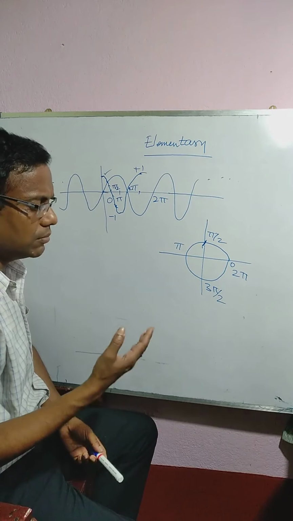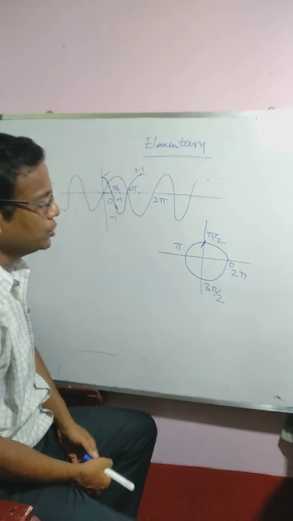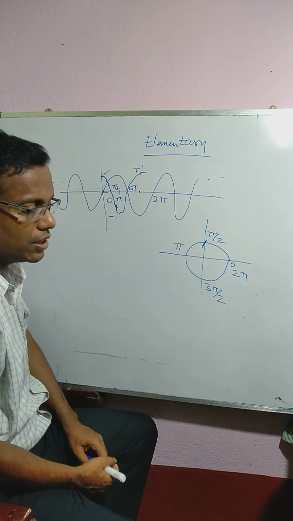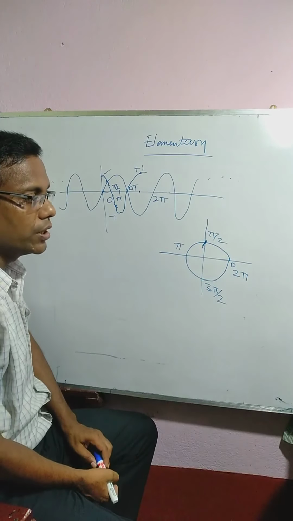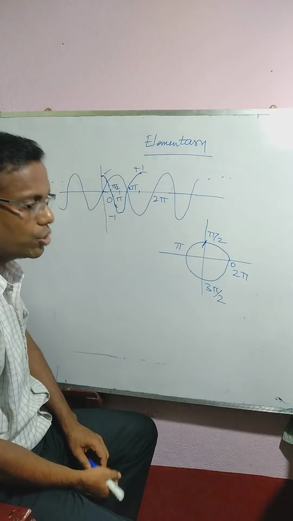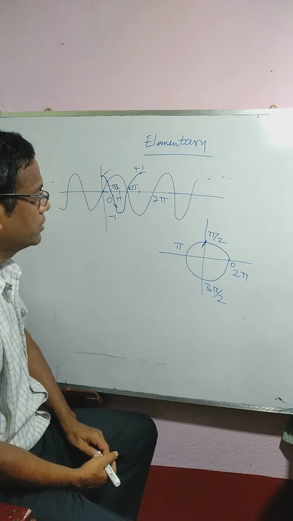So try to understand this fact, as we will use this term. When we say sinusoidal waveform, it includes both the sine wave and the cosine wave, because there is no real difference between sine and cosine.